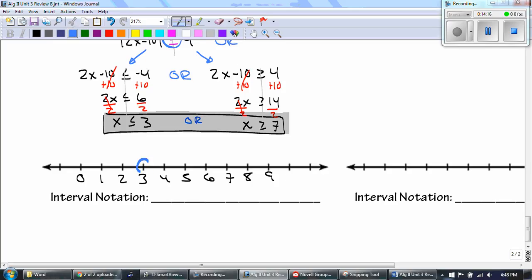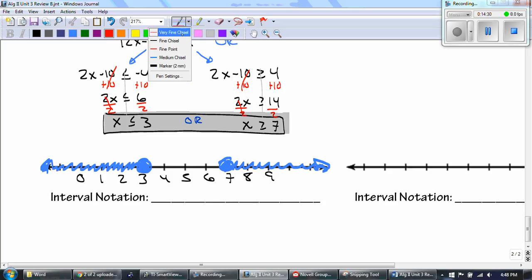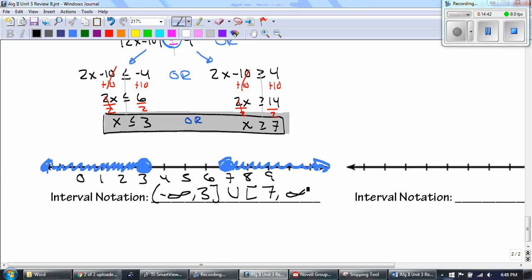So at 3, we're closed, and I'm going to shade to the left. At 7, we're closed, and I'm going to shade to the right. Okay, so in interval notation, our graph starts at negative infinity to 3. There's a break, and then we pick up at 7, and it goes to positive infinity.